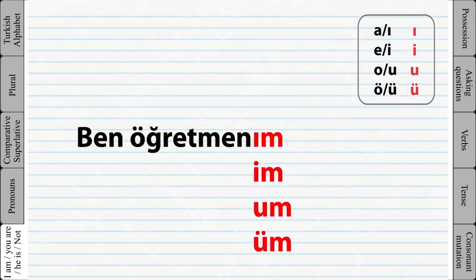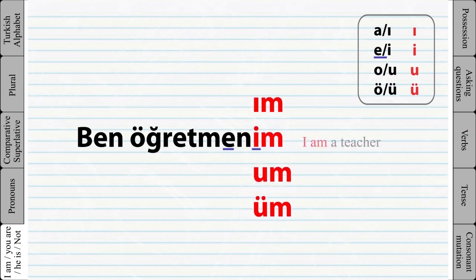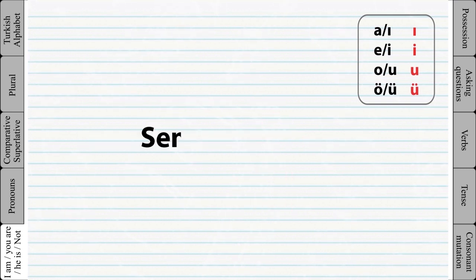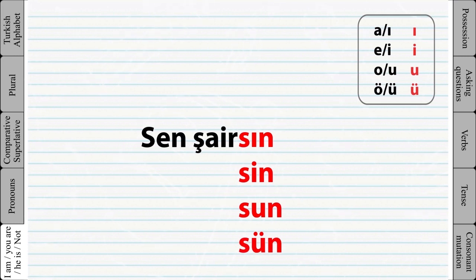Let's look at this example. Because the last vowel of this word is E, that's why we have to use the IM ending. Let's look at another example.